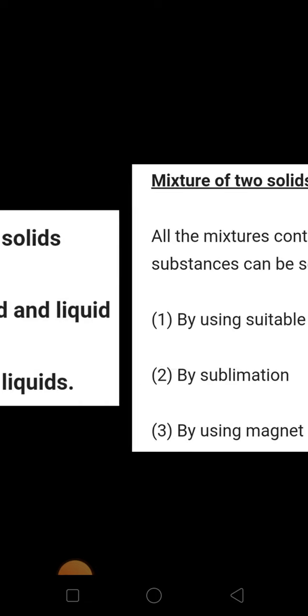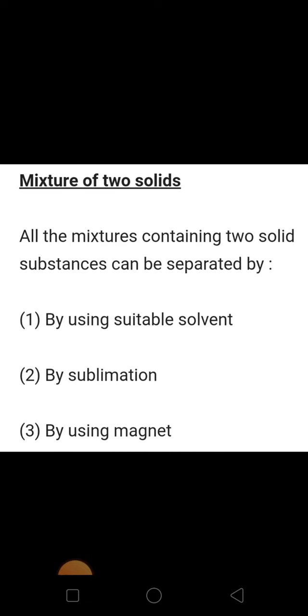A mixture can be of two solids, or of a solid and a liquid, or of two liquids. We will consider all the categories one by one and discuss how we can separate them. First we will discuss how to separate a mixture of two solids.